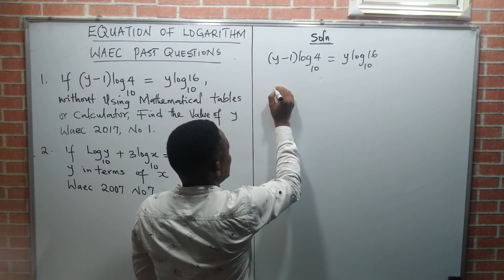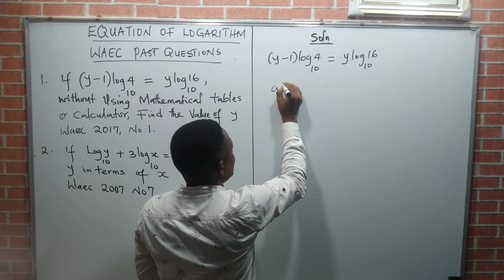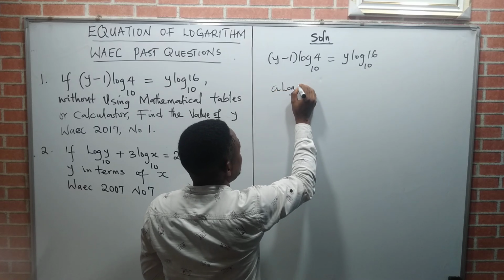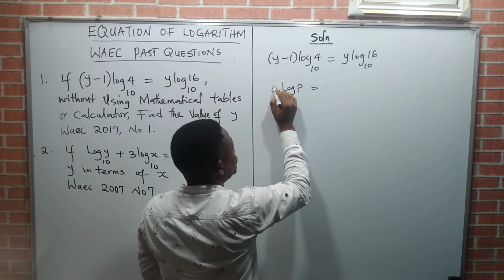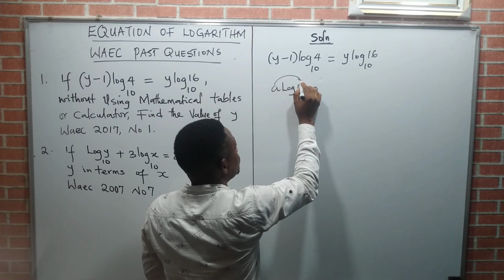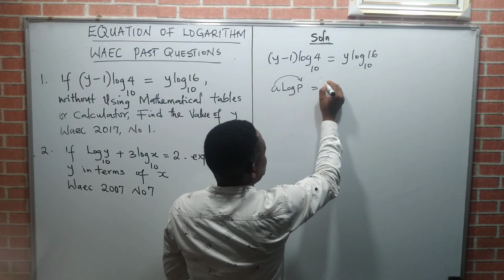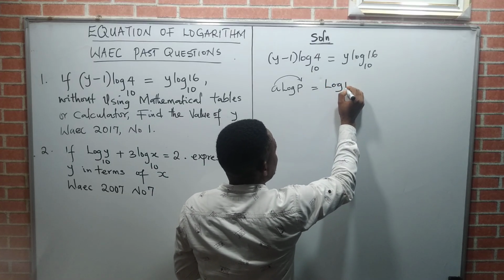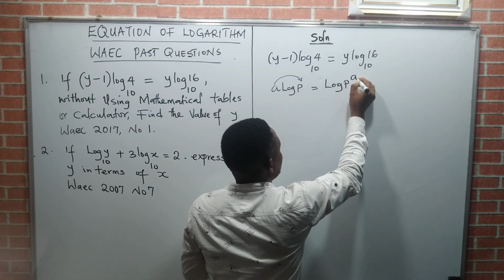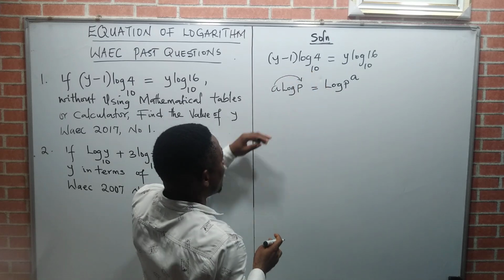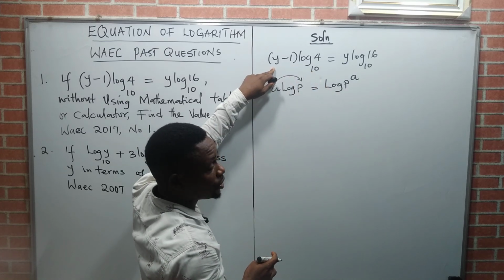Anytime you see, let's say, a log p, the law is that you carry this coefficient up so that it becomes an exponent or power. It will now give us log p raised to the power of a.